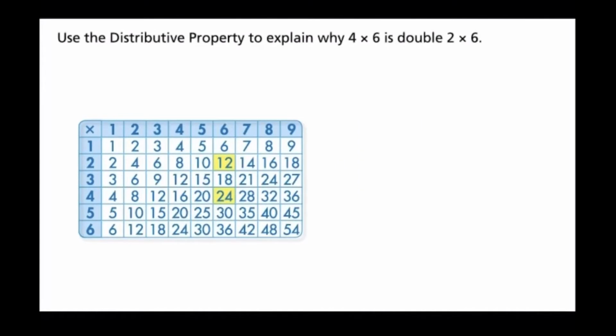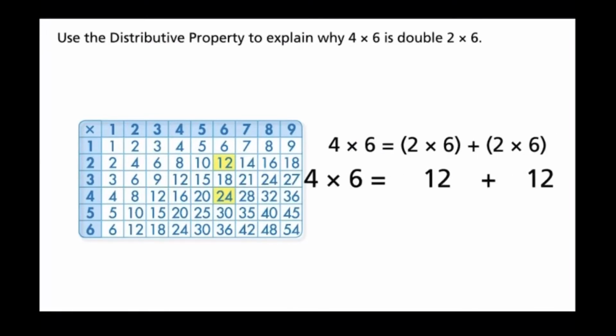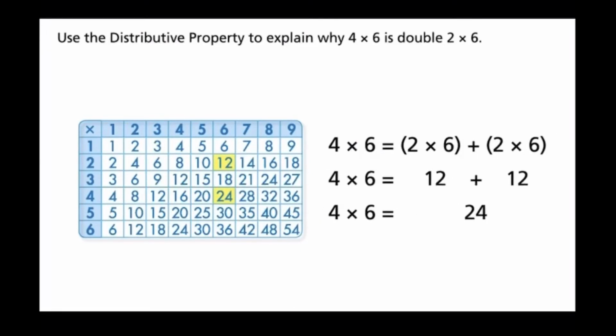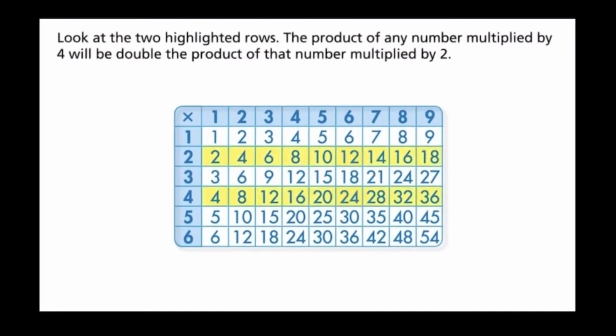Use the distributive property to explain why 4 times 6 is double 2 times 6. Look at the two highlighted rows. The product of any number multiplied by 4 will be double the product of that number multiplied by 2.